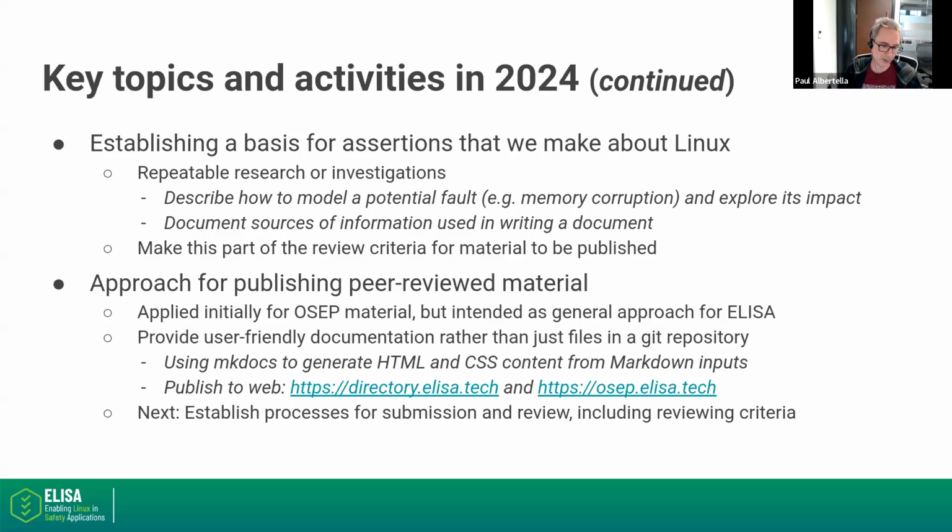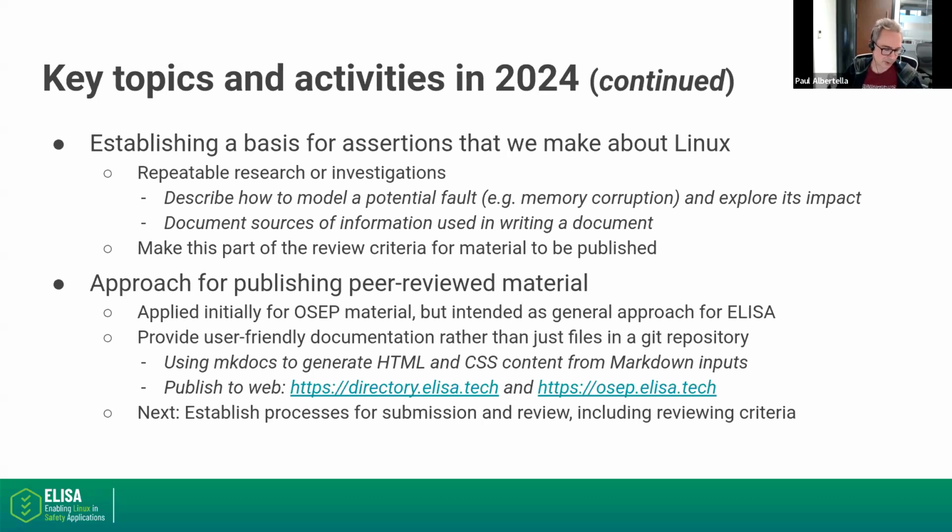They can say, okay, the conclusions that Elisa reached about this match the behavior I'm seeing in my system. Therefore, I can build on what they've learned. So this is the idea of having repeatable research, or repeatable investigations.